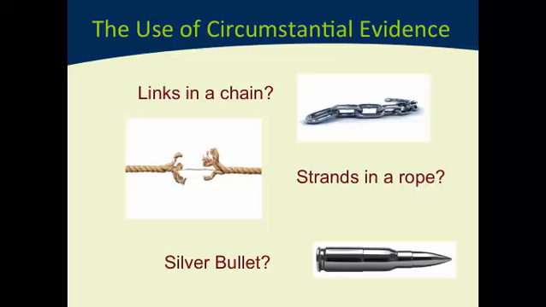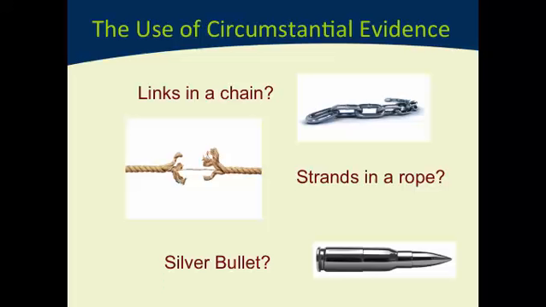So, for instance, our case where the burglar is caught driving away from the scene. The mere fact that he was driving away from the scene late at night isn't enough. The fact that he's driving away from the scene late at night at high speed is getting closer. There's another strand to the rope. We add a third strand to the rope by saying he's got housebreaking tools in the back of the car.